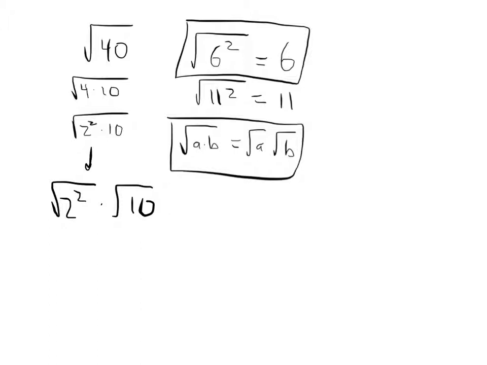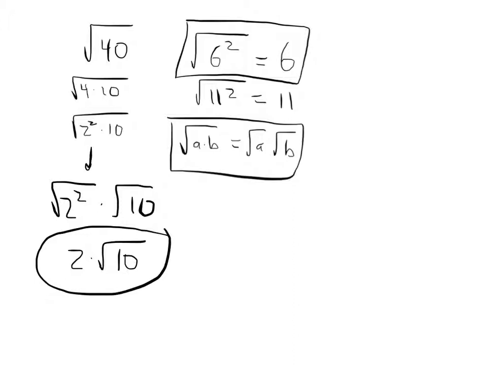The square root of a times b is the square root of a times the square root of b. The square root of 2 squared is 2. And what about root 10? Root 10, 10 has no factors that are perfect squares. So I can't simplify root 10 any further.